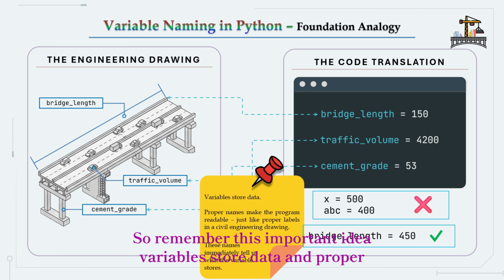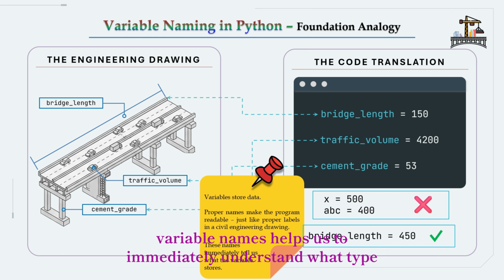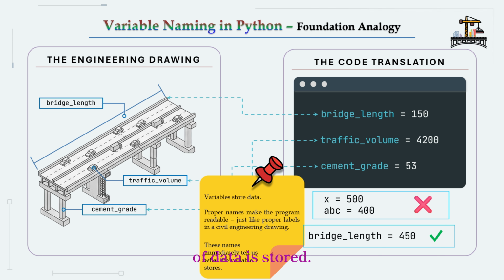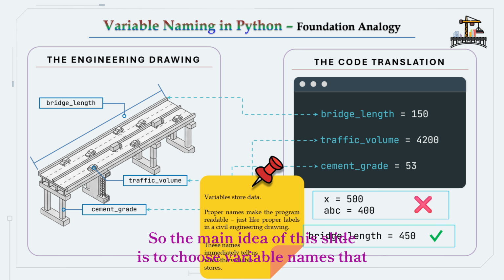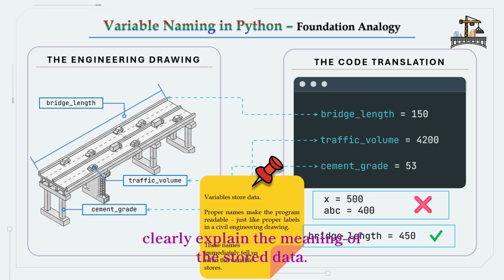So remember this important idea: variables store data and proper variable names help us to immediately understand what type of data is stored. So we can say labels in engineering drawings help engineers and variable names help programmers. So the main idea of this slide is to choose variable names that clearly explain the meaning of the stored data.